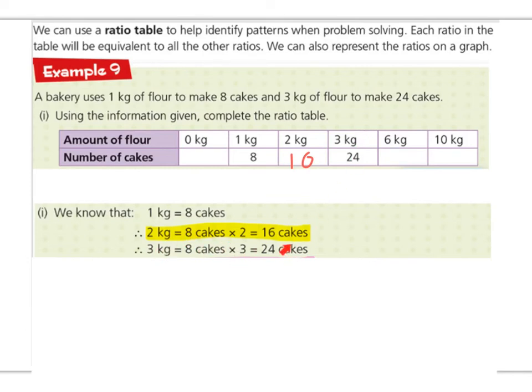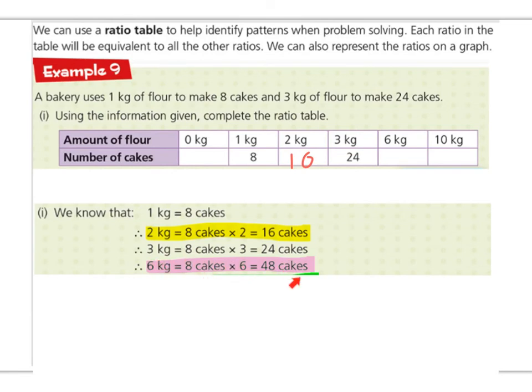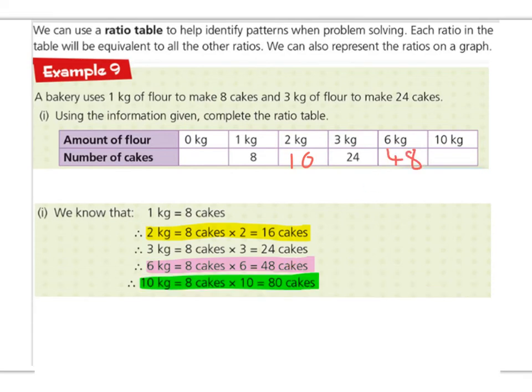So that was already filled in for us. So 6 kilograms is going to be 8 times 6, which will be 48 cakes. And 10 kilograms will be 8 times 10, which will be 80 cakes. And if we have 0 kilograms of flour, then we have 0 cakes. So 0 goes in the first box here.